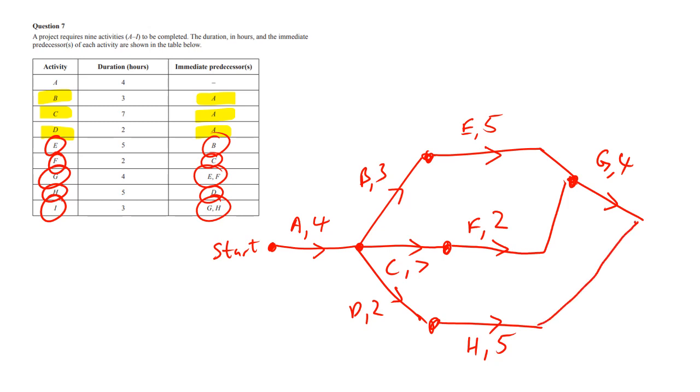It's hard to fit these things in. G and H, we're going to make a little teeny little I, and we get I, comma 3, and there's our finish. All right, not the prettiest thing in the world, but it does actually answer the question.